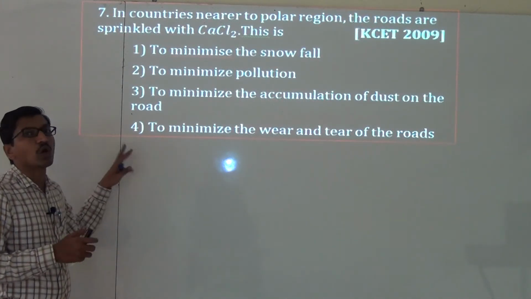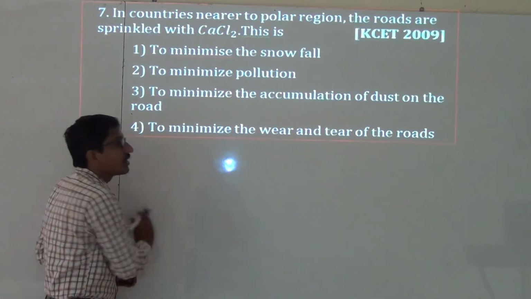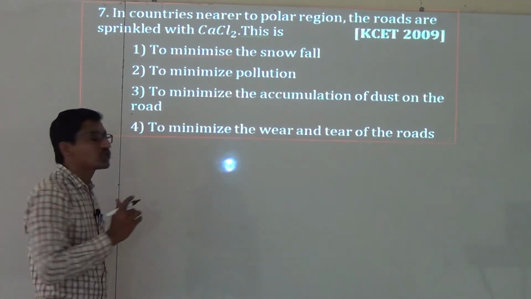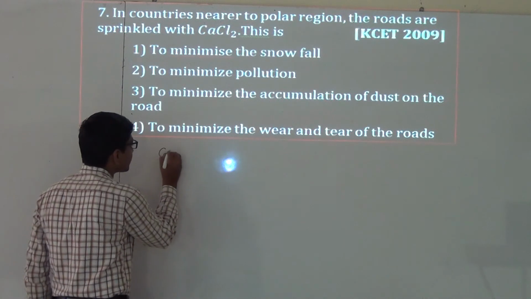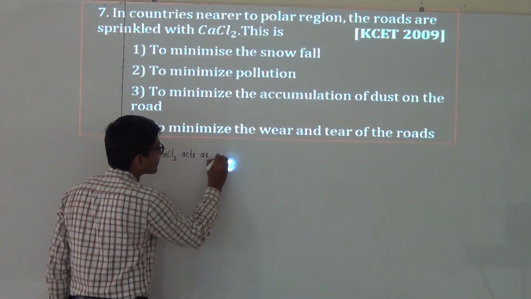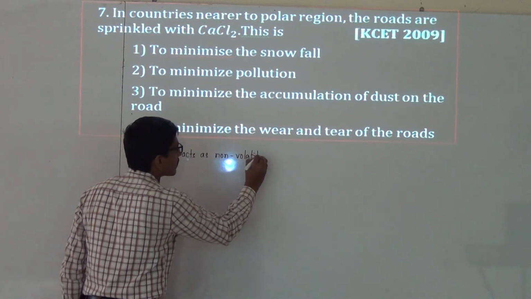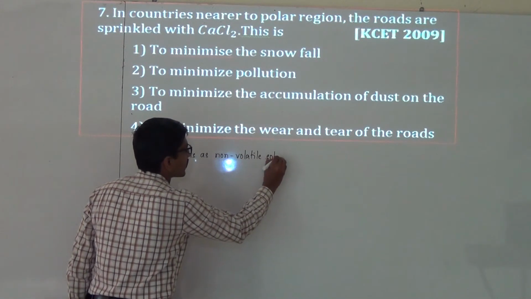This is because calcium chloride acts as a non-volatile solute. CaCl2 acts as a non-volatile solute.